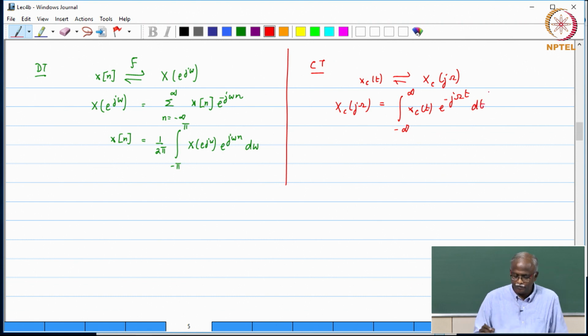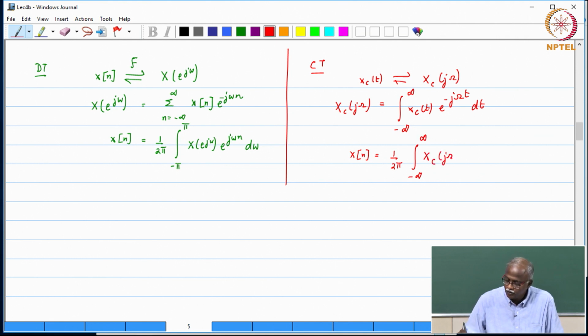Again you can see close similarities. The inverse transform in this case also turns out to be an infinite integral. It is 1 by 2 pi minus infinity to infinity X c of j omega e to the power j omega t d omega. Okay, so that more or less sets the framework of what we are trying to do.